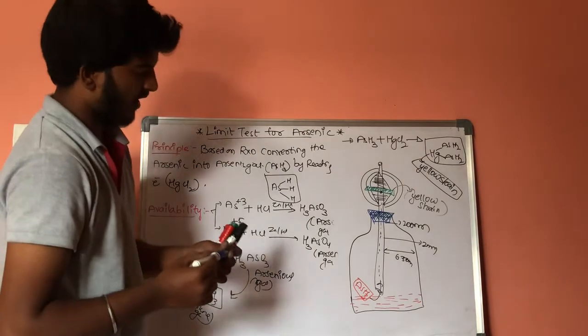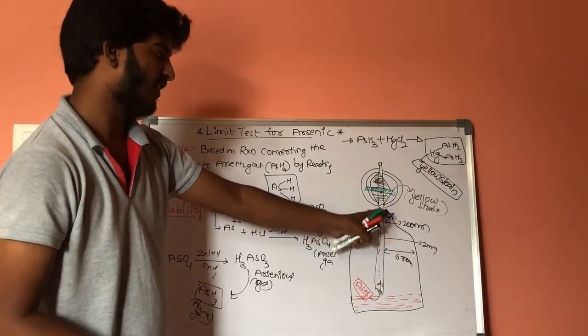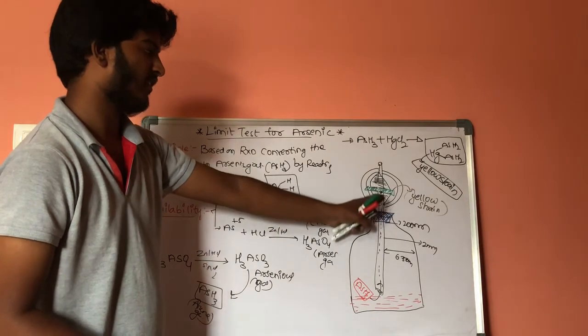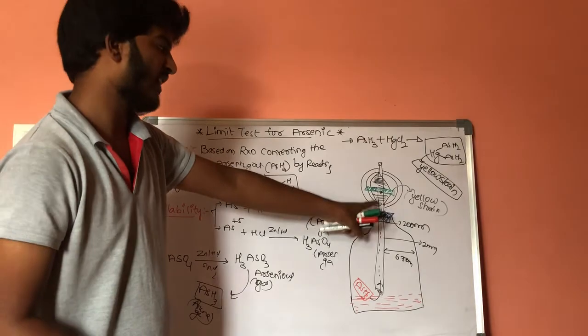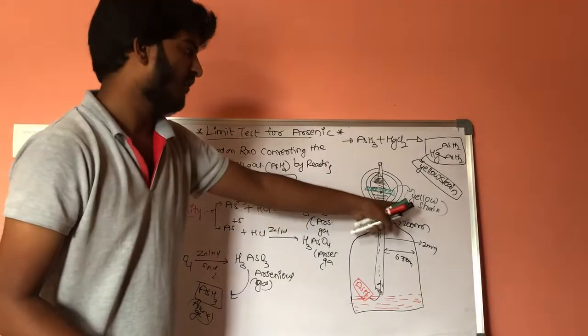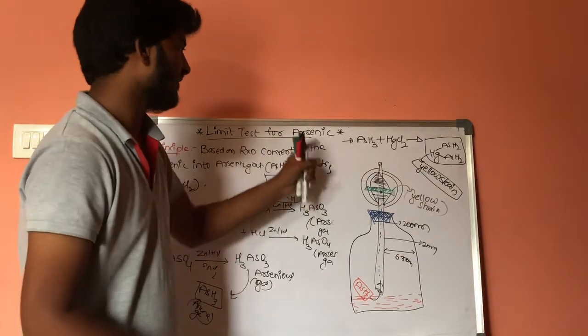And from this tube, arsine gas will reach this area and this mercuric chloride paper, and will react with this mercuric chloride paper and form the yellow stain. If there is formation of a yellow stain, then there is presence of arsenic.